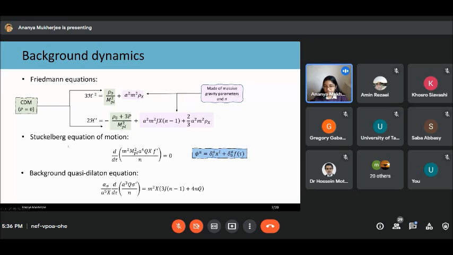For the Stuckelberg field, we have chosen a gauge so that the spatial part of the Stuckelberg field is the same as the unitary gauge value, and the zeroth component is parametrized with a function f of tau, and the small n here represents the effective lapse function for the background Stuckelberg metric.